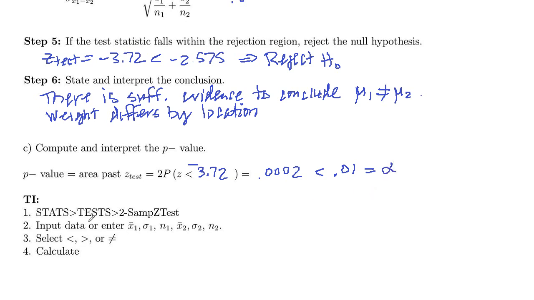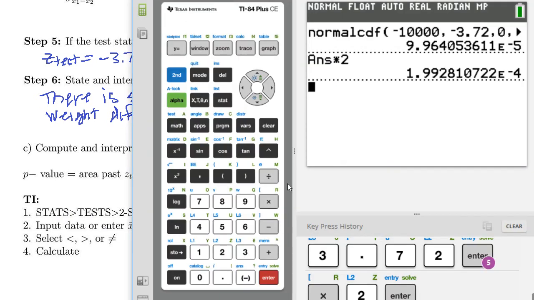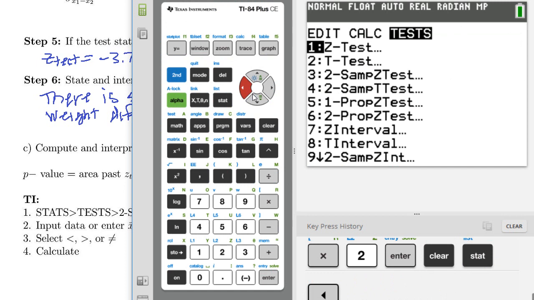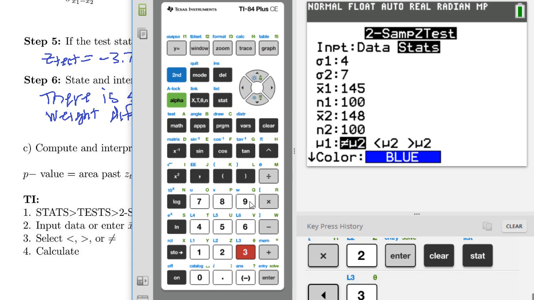And then we can check our work here with stat test 2 sample z-test. Let's go ahead and do that. So stat tests, and then 2 sample z-test right there, number 3. We are using summary stats, make sure that's highlighted.